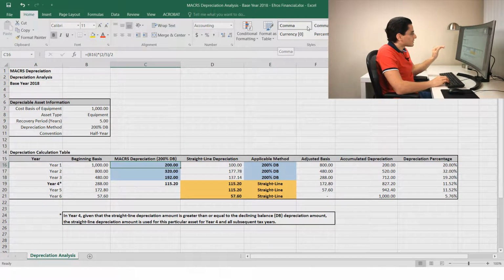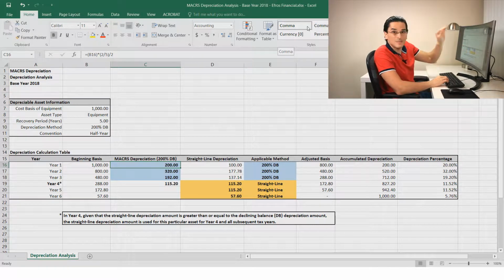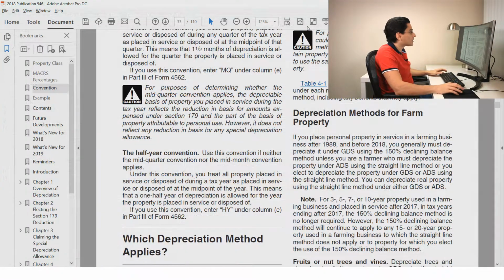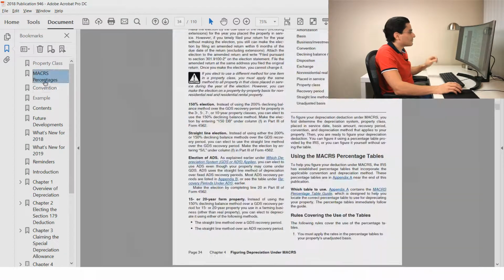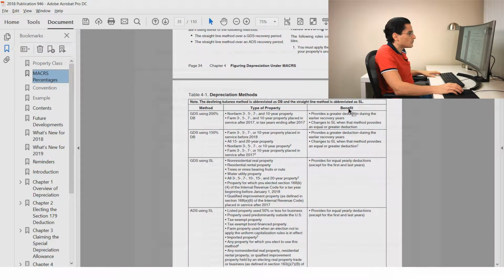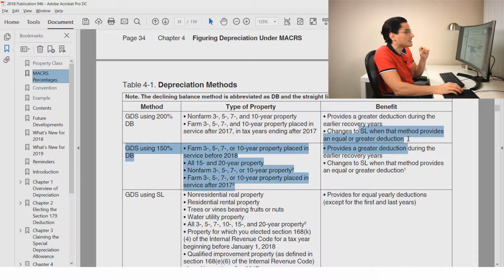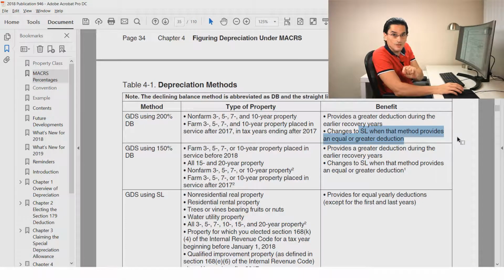So what we're doing is we're calculating in each tax year the MACRS 200% DB, or 200% declining balance, depreciation amount, and we're comparing that to straight line depreciation in each particular year. And the reason we're doing so is if we look back at the MACRS percentages here, we see that the MACRS 200% DB depreciation changes to straight line when the straight line method provides an equal or greater deduction, okay?